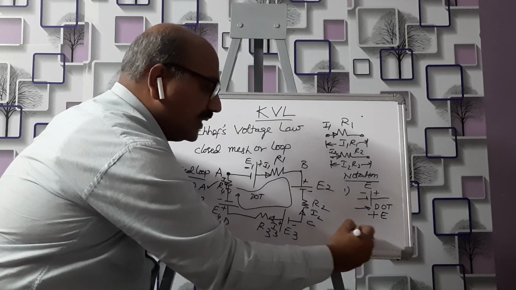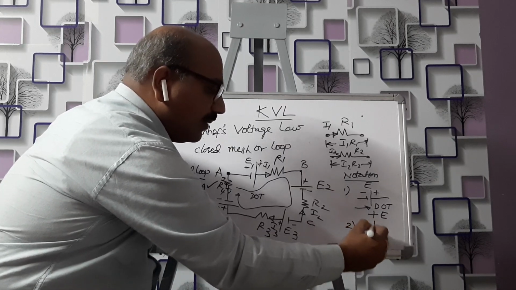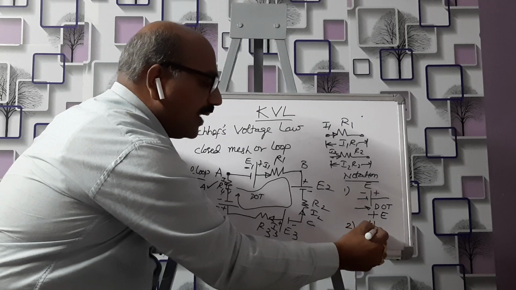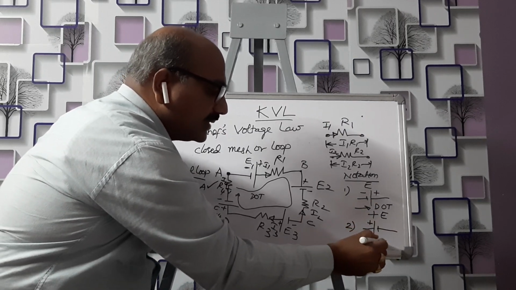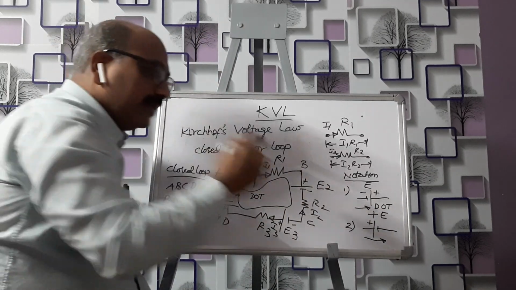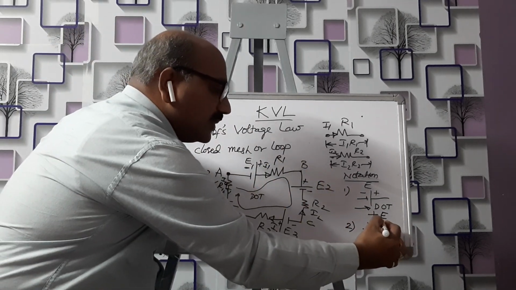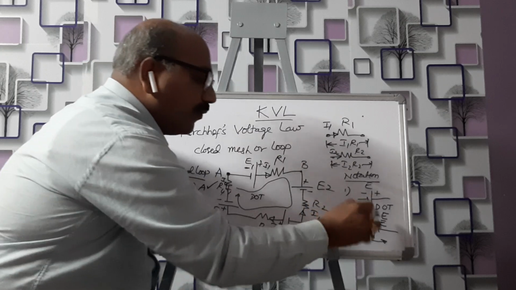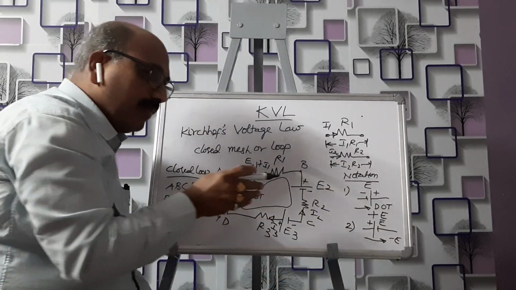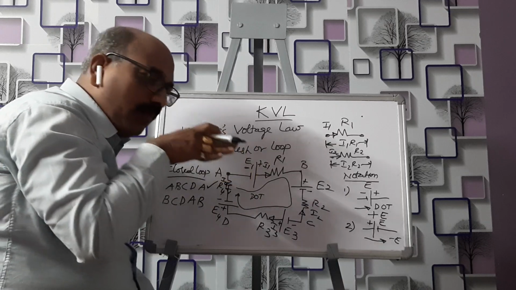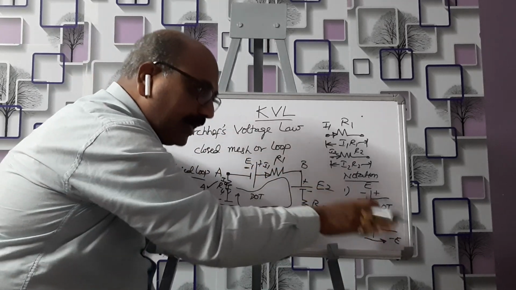Similarly, the second rule is, if we are traveling from the positive plate of the battery to the negative plate of the battery, the value of EMF can be written as minus E. Why is it minus E? Because we are going from positive potential towards negative potential.